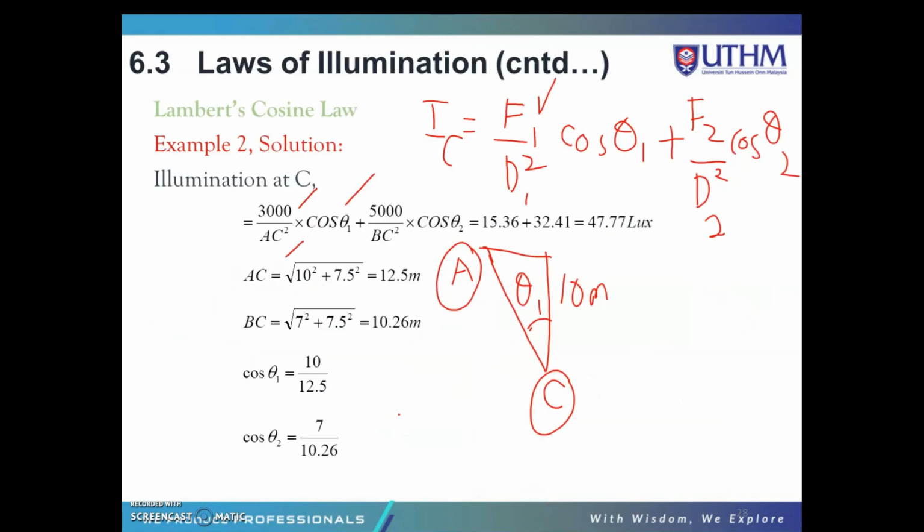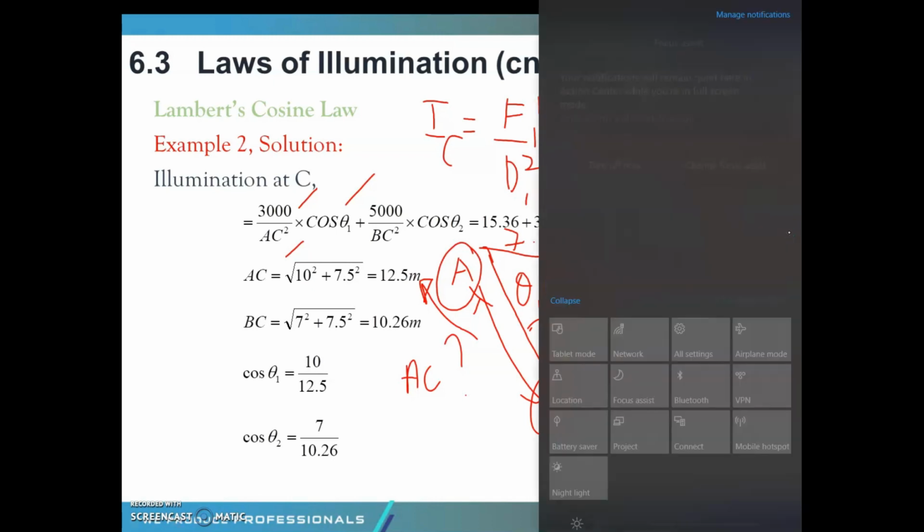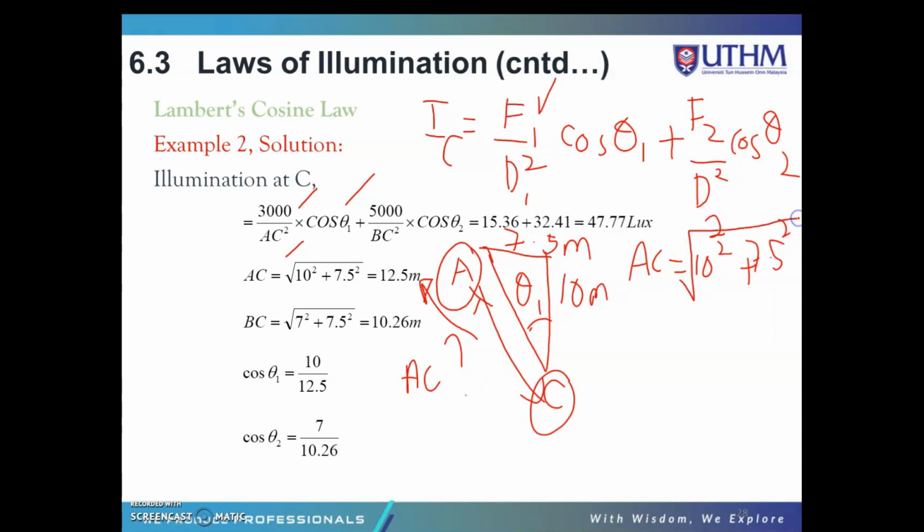So we know this one is 7.5 meters. Now we have to find AC, the hypotenuse. AC equals the square root of 10 squared plus 7.5 squared, and then you get 12.5 meters.